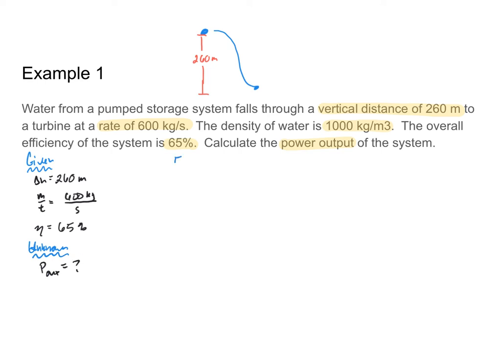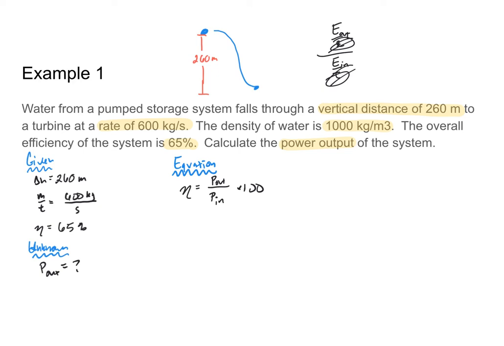For my equation, I'm going to start from the end. I'm going to start with eta equals my power out over my power in times 100. Now, in the past, we've used energy instead of power, but remember, power is just energy over time. So the amount of energy being output in a given time is going to be equal, and the time is going to cancel out.